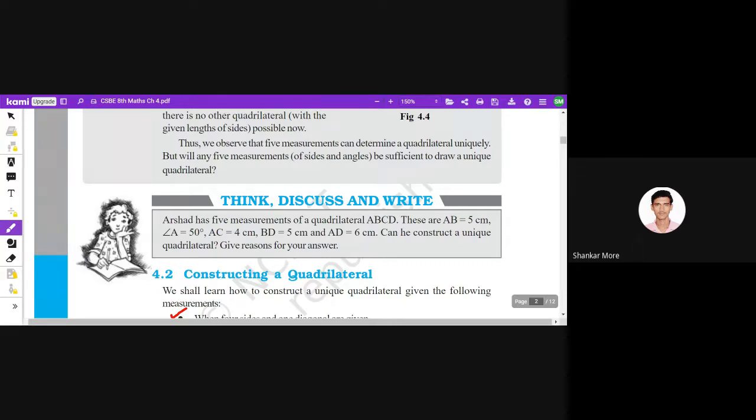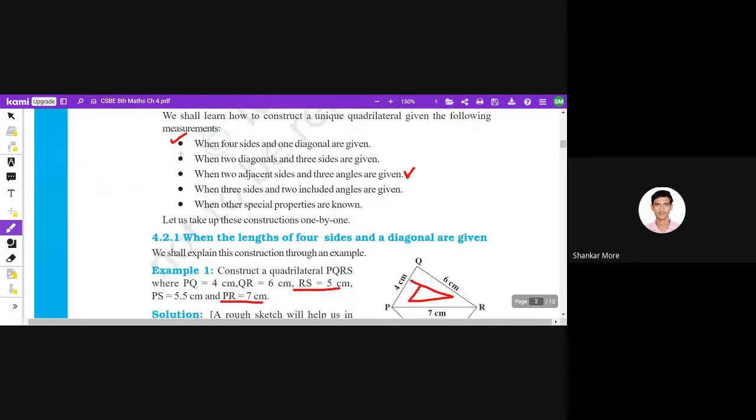We learned about 15 days ago that 5 parameters are needed. It can be either diagonals, sides, or angles. So 5 parameters are needed. I would appreciate it if you could answer in the chat box.